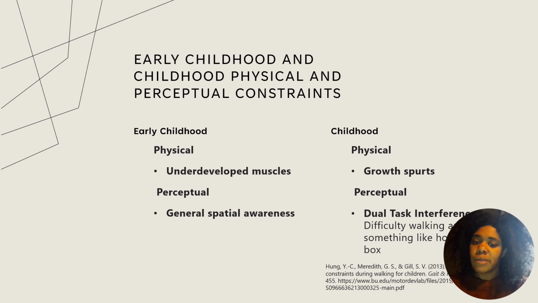There's a really cool study linked down there, and it's in my references as well, from Boston University, where they talk about how children have difficulty both walking and doing something like holding a box. So that could be a perceptual task constraint, having to do two things at one time.